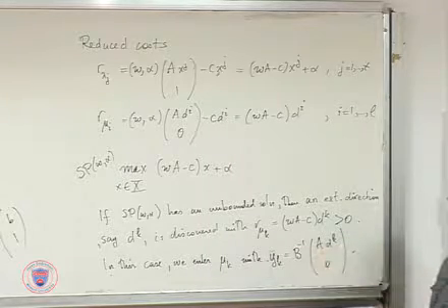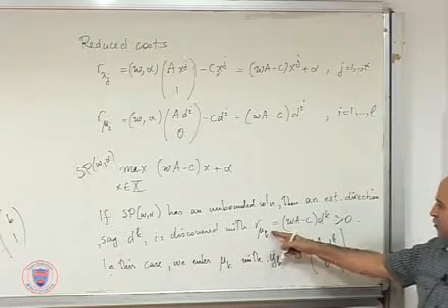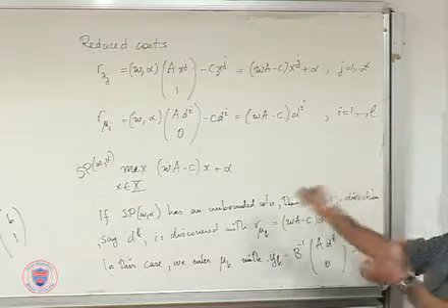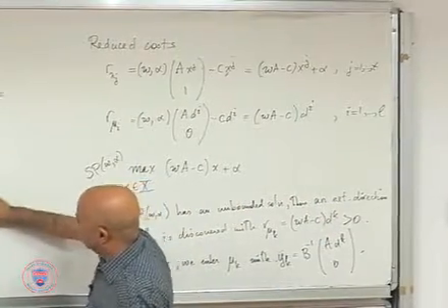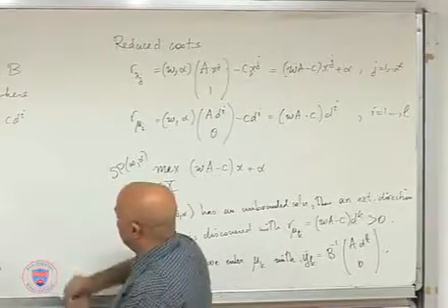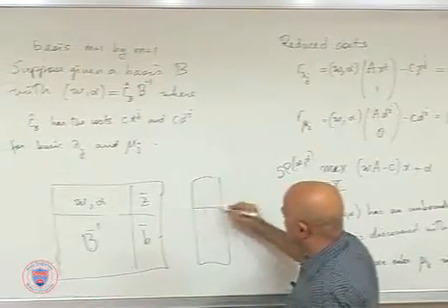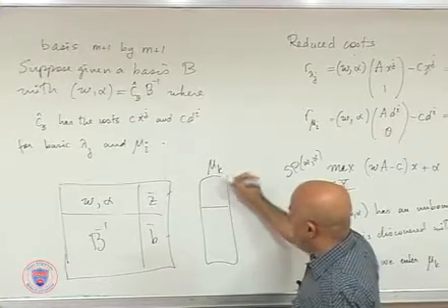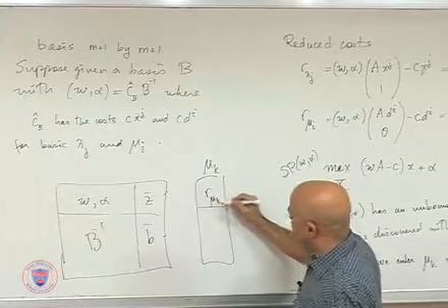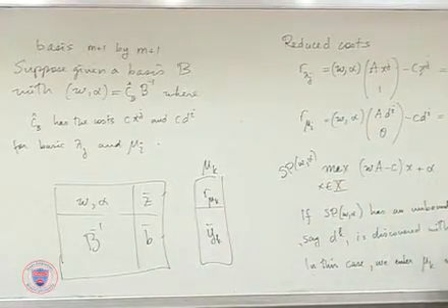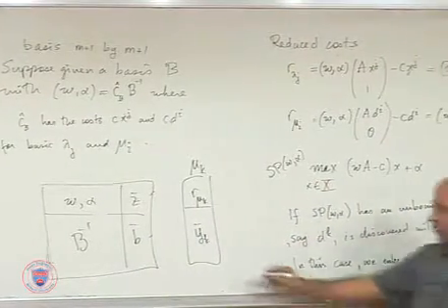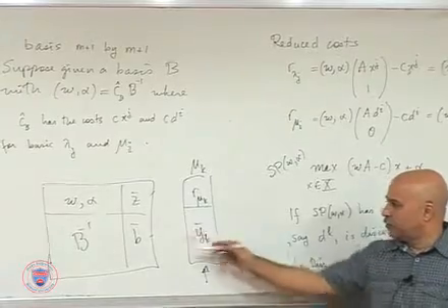So you compute this, you take your reduced cost, you put it next to your tableau, you just compute this stuff, and then you look at your ratios.